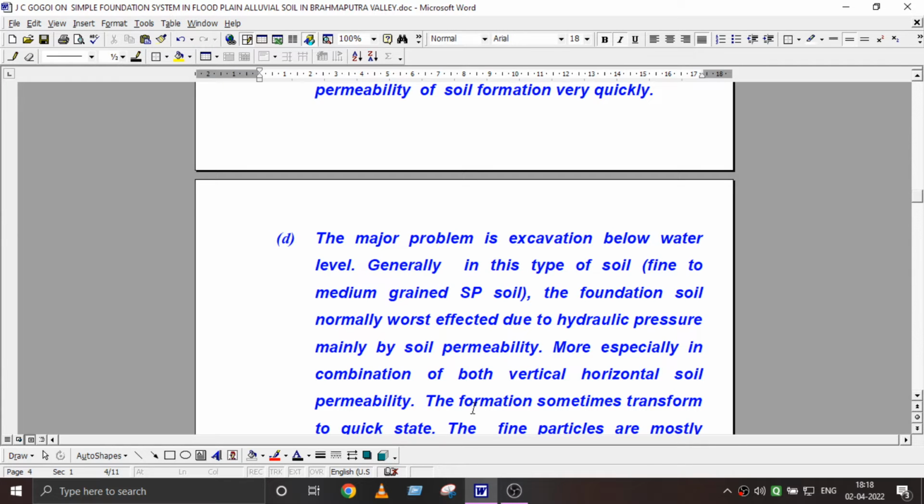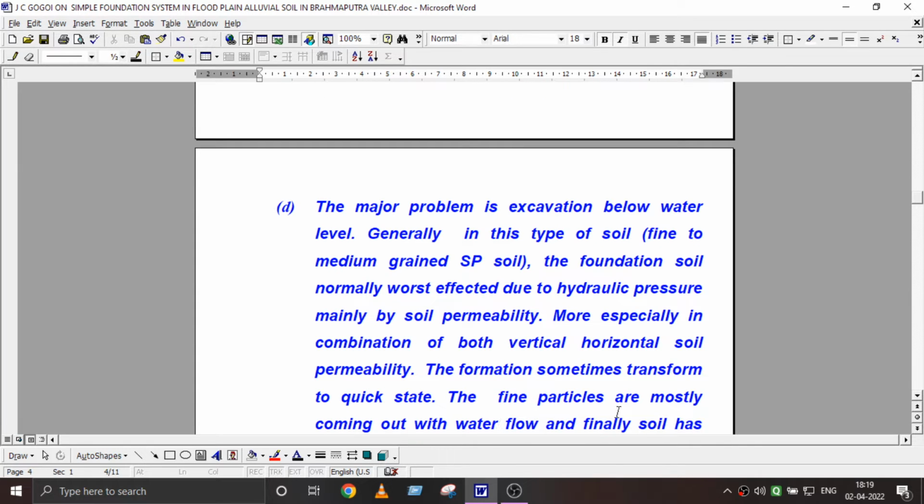Another thing is particle movement along with water, with the seepage line or from vertical permeability, it will be very prominent and it may so happen that the soil formation sometimes transforms to a quick state.